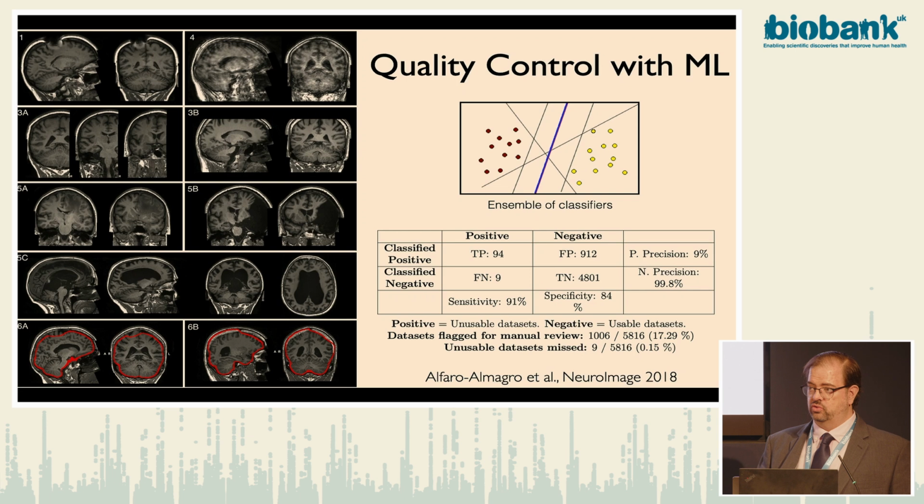So we need to check those images and make sure that the data that we release is properly curated. So using machine learning, we are able to flag the problematic data sets in the brain images, and we only have to manually check a small amount of the total amount of images that we process, thanks to this ensemble of classifiers with machine learning.